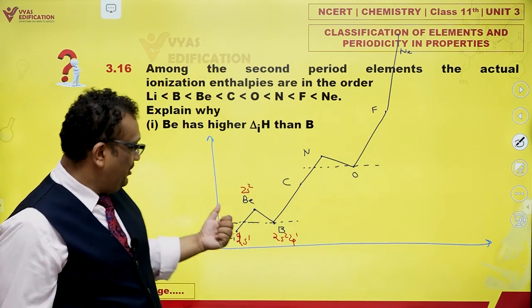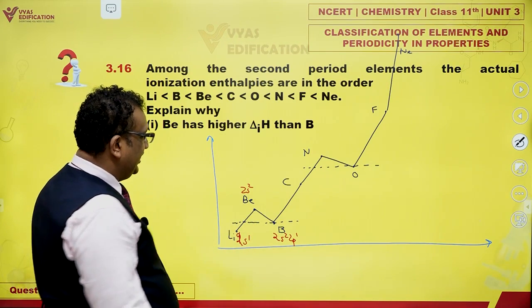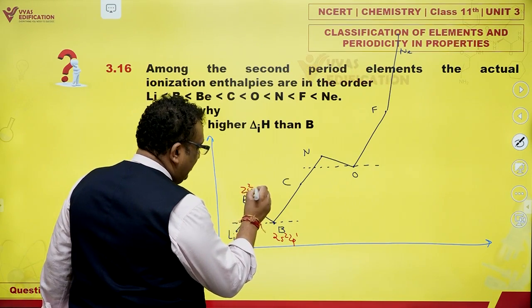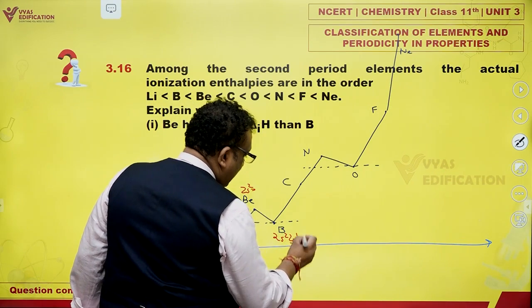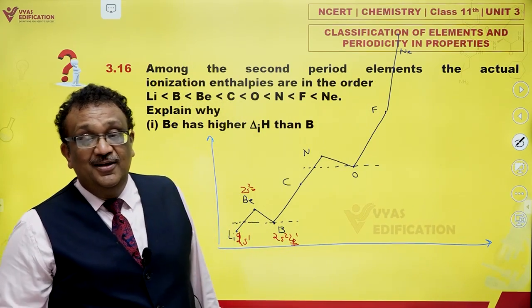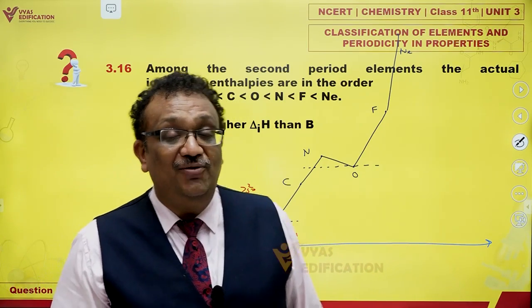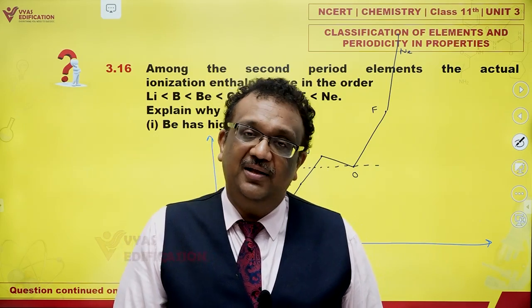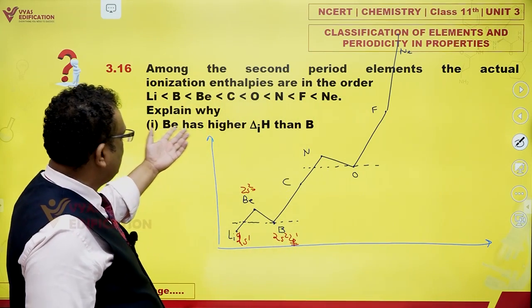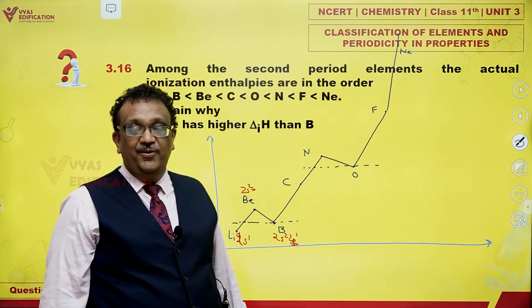S for strength. So since in the case of beryllium, a 2s electron is being removed, which is more difficult, and in the case of boron, a 2p electron is being removed, which is easier, you find that the ionization energy of boron slightly dips, and it is slightly lesser than that of beryllium. This was the explanation which was expected here.